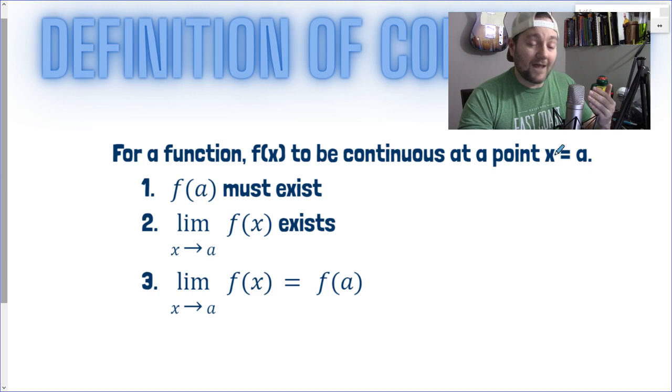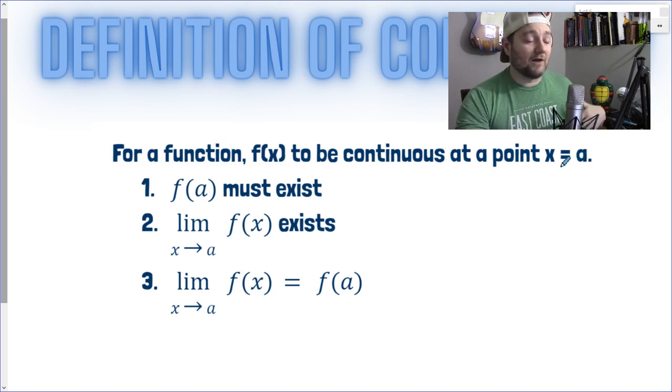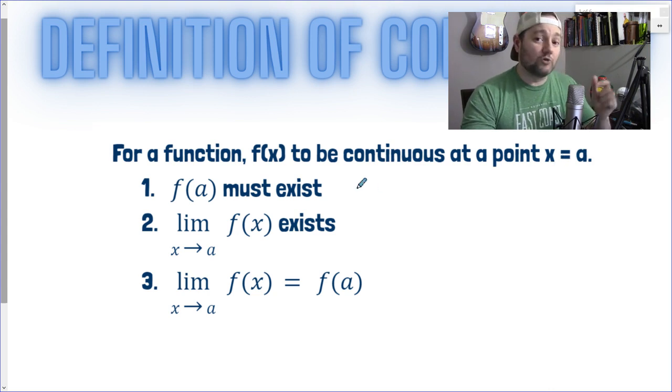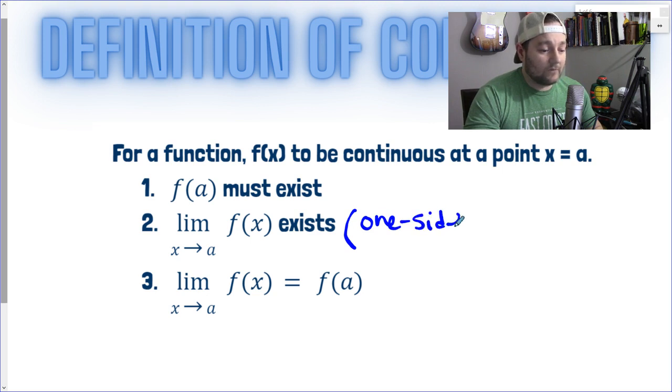x equals a, where a is just a number: 1, 2, 3, 4, 1.5, whatever it might be. First, if you sub the number into the function and you get back an answer, it must exist. Second, if you take the limit at that particular point, the limit must exist, and I'm going to put that in brackets because most often these are going to be piecewise functions, so the one-sided limits must be the same.